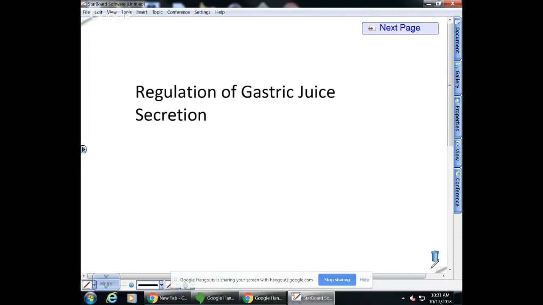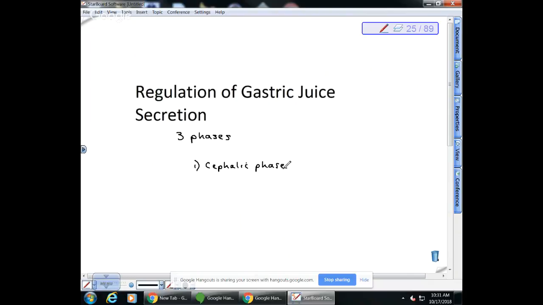So we can talk about how we can regulate the secretion of gastric juice, and there are 3 phases. The first phase is called the cephalic phase. So what does cephal mean?